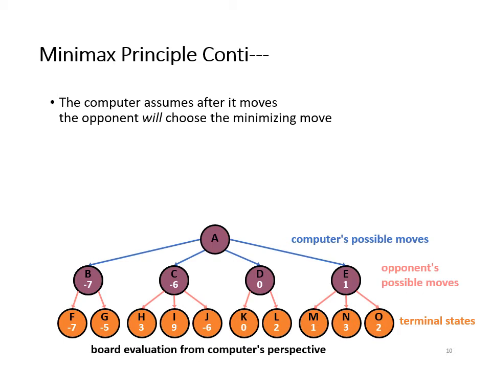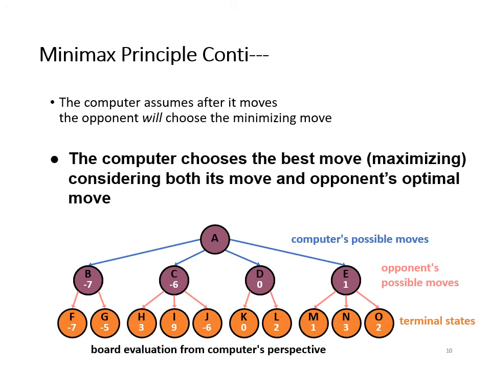These are the terminal states, represented in the orange circles. The opponent will take the minimum value of -7 and -5, which will be -7. The minimum value of 3, 9, 6 will be -6. The minimum value of 0, 2 will be 0, and the minimum value of 1, 3, 2 will be 1. And the computer chooses the best move, which means the maximizing move, considering both its move and the opponent's optimal move. So the maximum of -7, -6, 0 and 1 is 1.